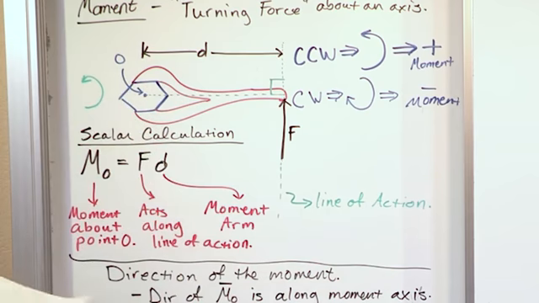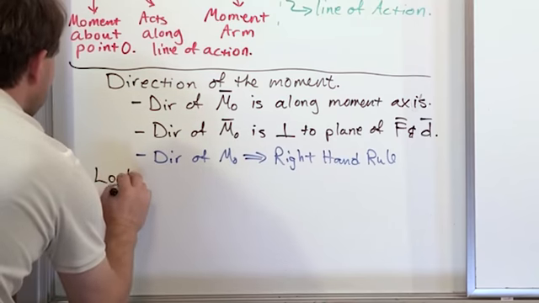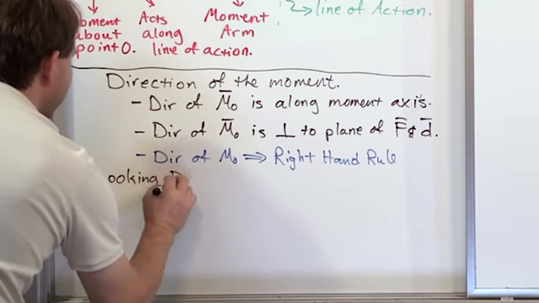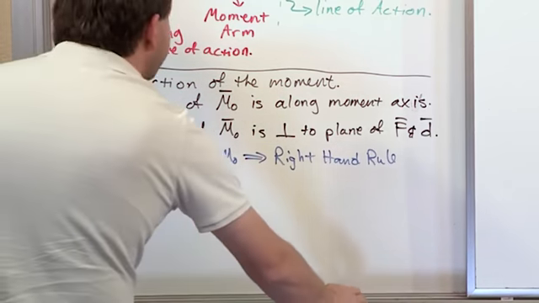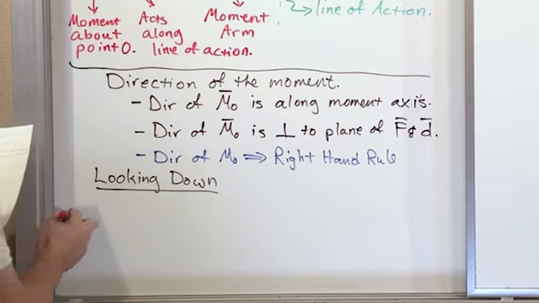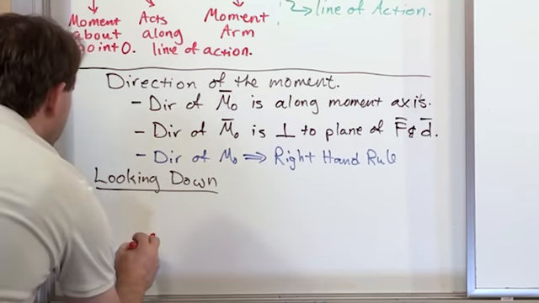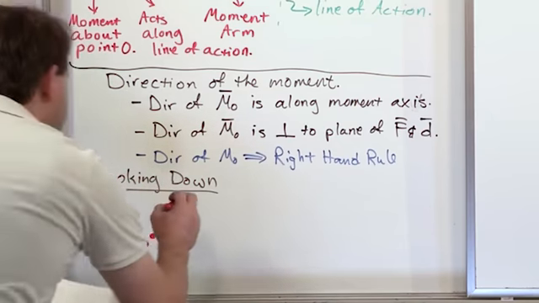Okay? So if I'm looking down, for instance, we'll just draw a little picture of this. If I'm looking down, as if we're doing something like this, then there are basically two possible situations. Here is your point O, here is your moment arm D, and here is your force.